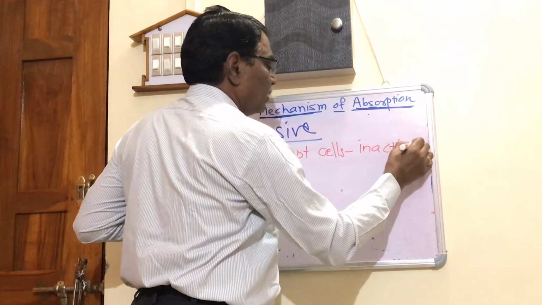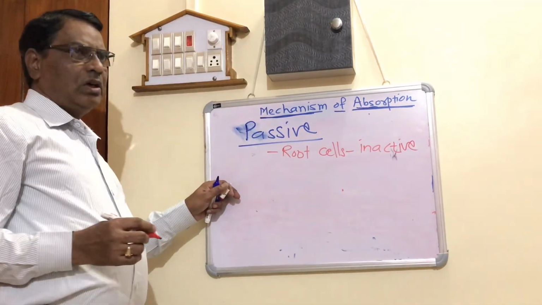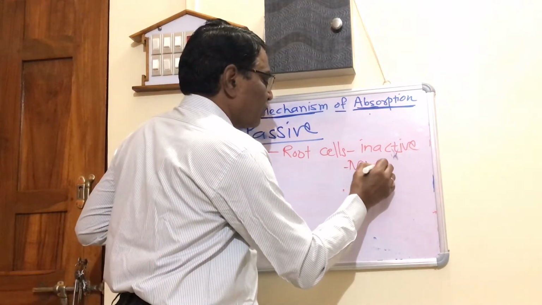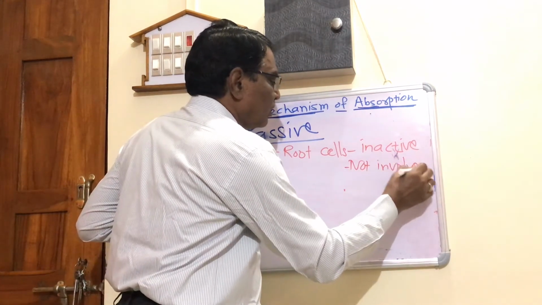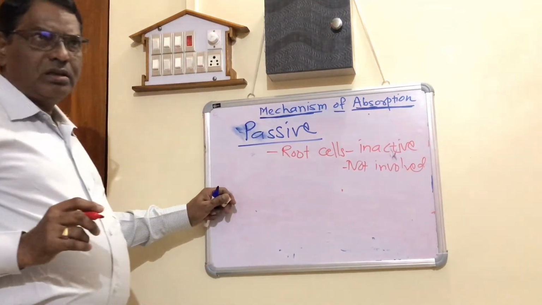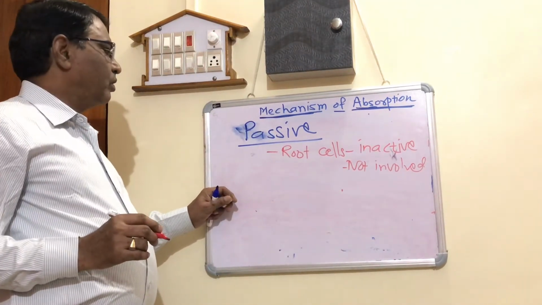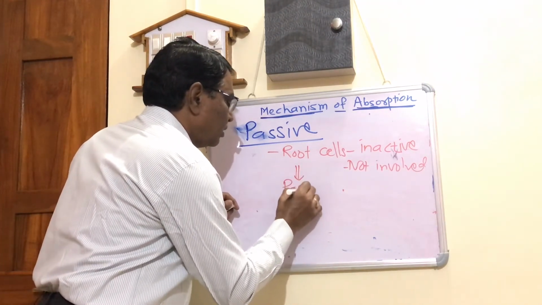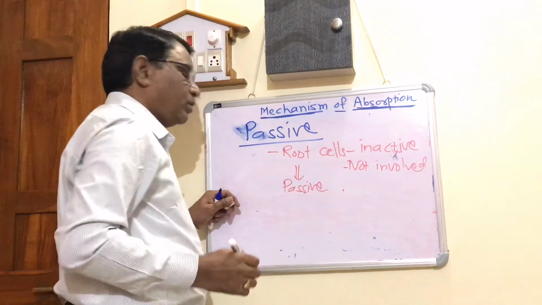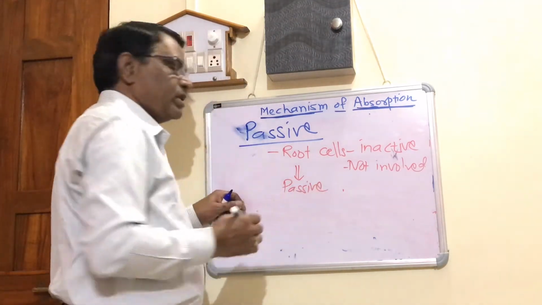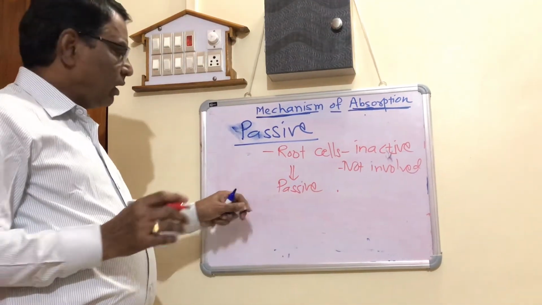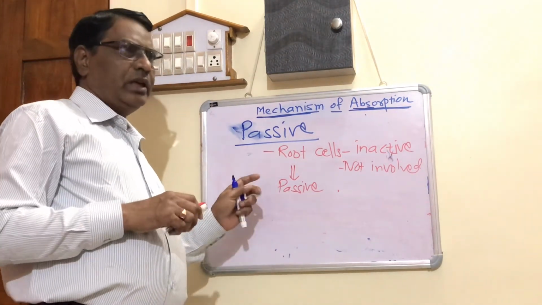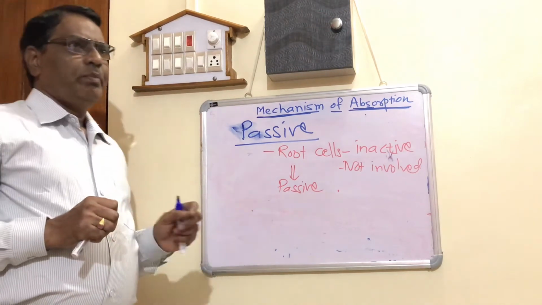You can say they are not involved directly in the absorption of water. These root cells remain passive during absorption of water, so they are not actively participating in the process, but they remain passive.